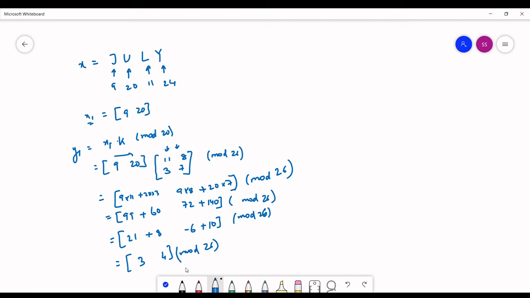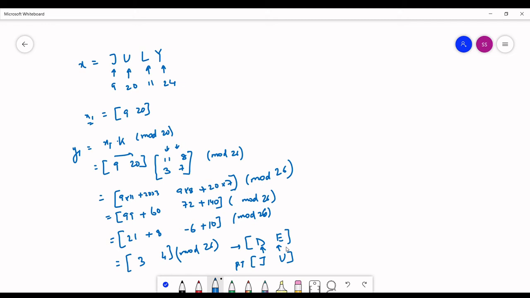The alphabets you are getting are 3 for D and 4 for E. My plain text was J and U, so J got encrypted to D and U got encrypted to E. I hope you understand this.